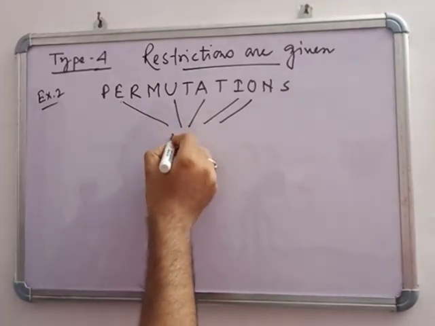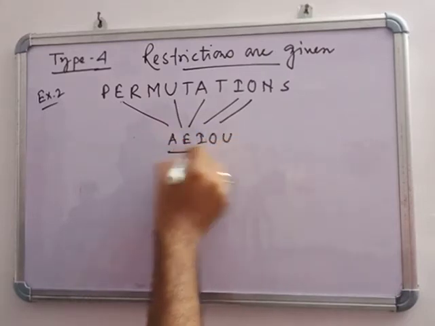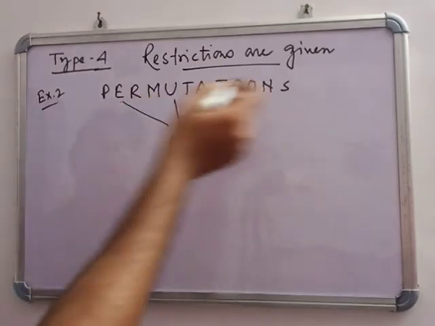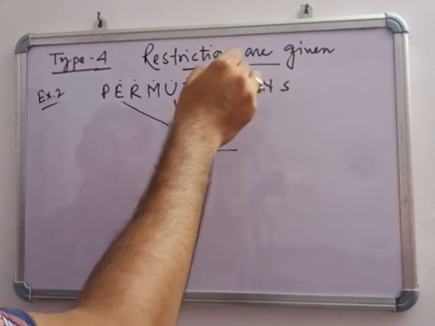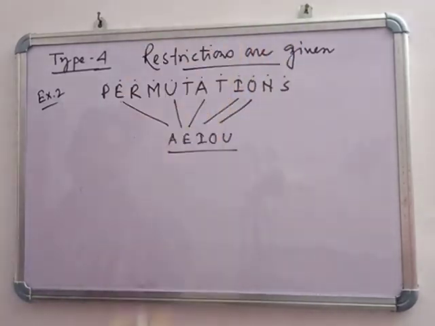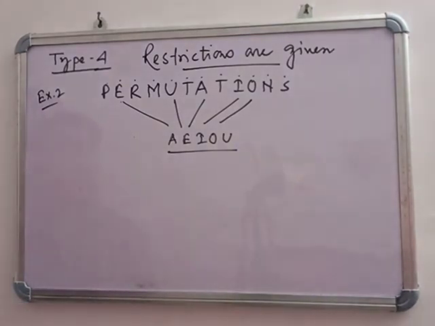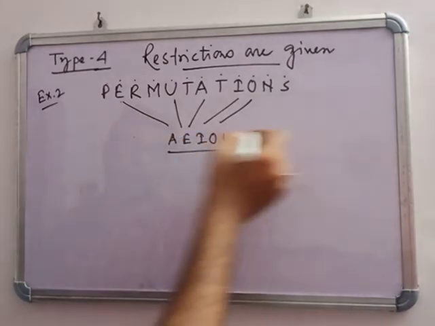Now you have to find the possible combinations of this word. How many letters are there? 1, 2, 3, 4, 5, 6, 7, 8, 9, 10, 11, 12. So 12 factorial is the possible combination.